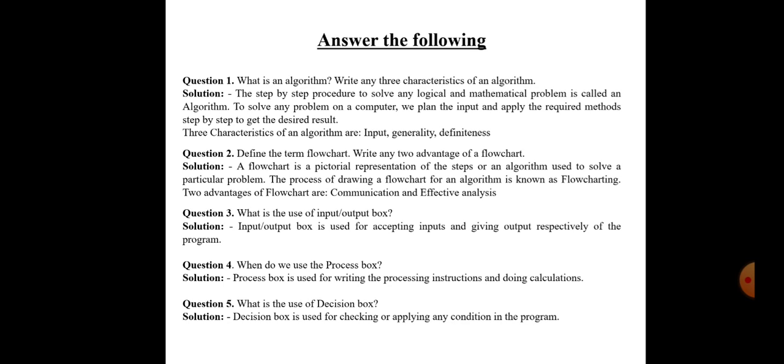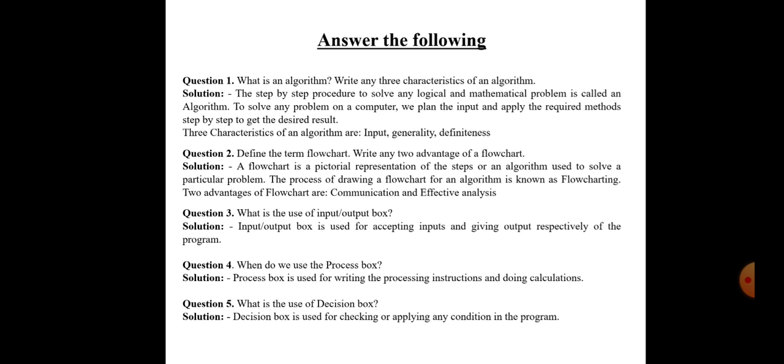Next question, define the term flowchart. Write any two advantages of flowchart. A flowchart is a pictorial representation of the steps of an algorithm used to solve a particular problem. The process of drawing a flowchart for an algorithm is known as flowcharting.